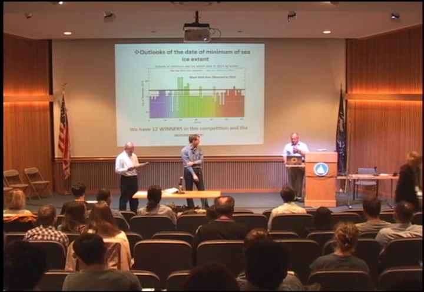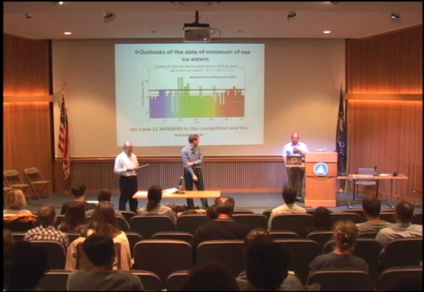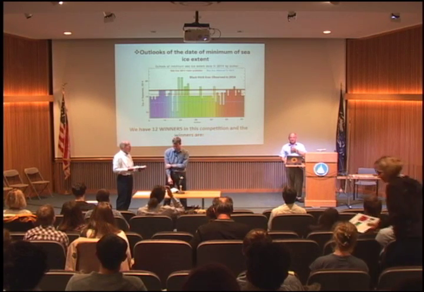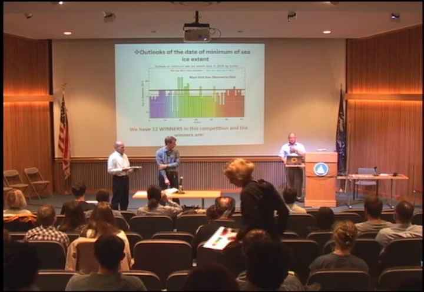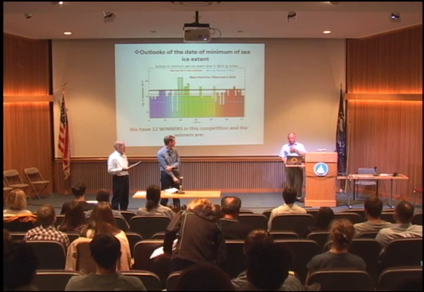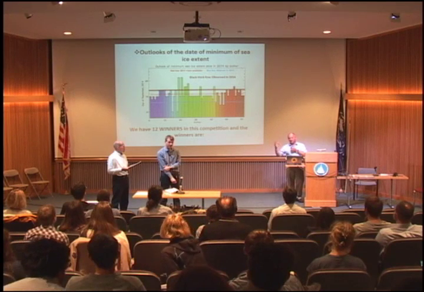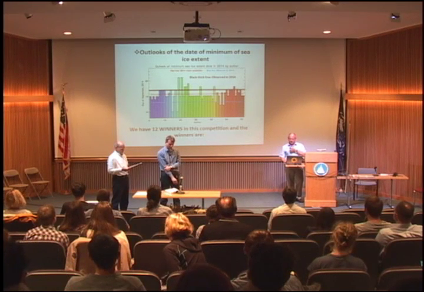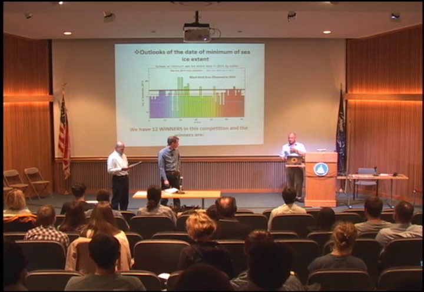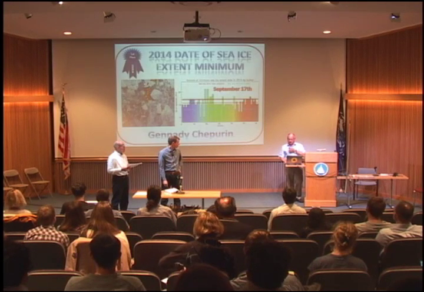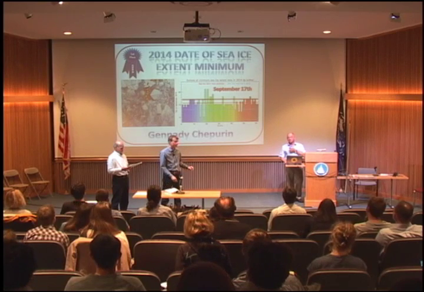Okay, now we have 12 people who won in this competition of the date of sea ice minimum. I would say it was not difficult because it's just 1 week of deviation. But still, these people won a very important competition. And this is Gennady Chipurin.